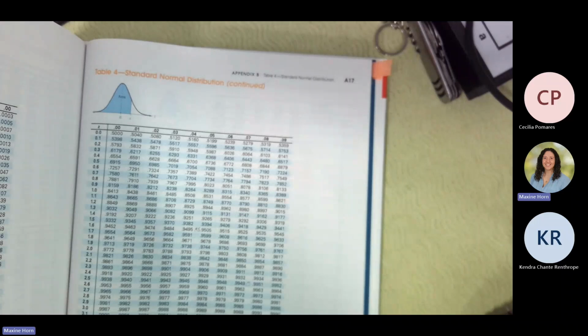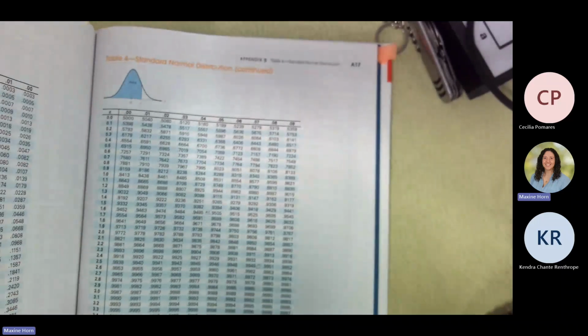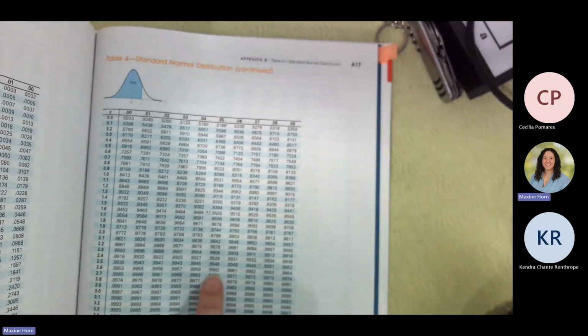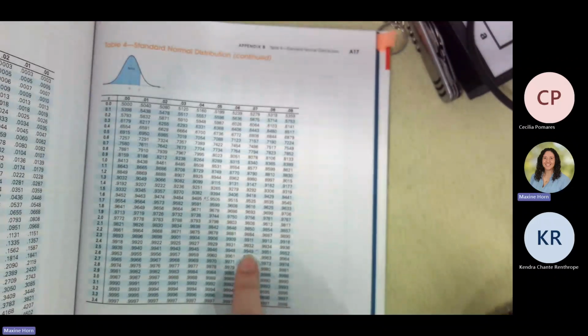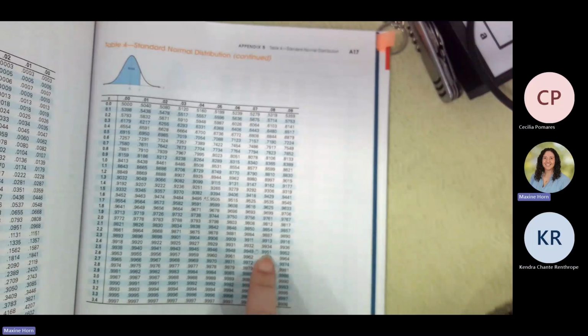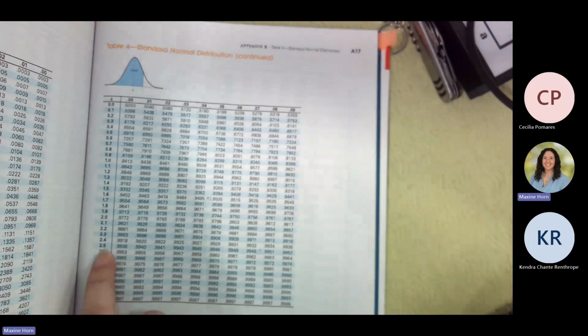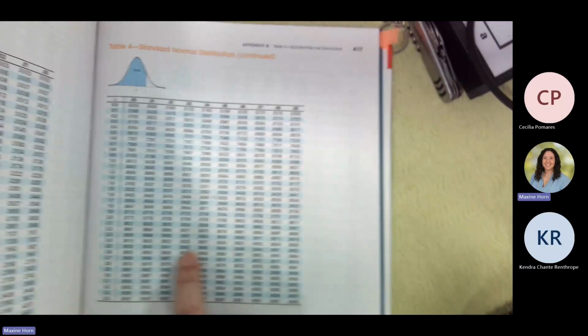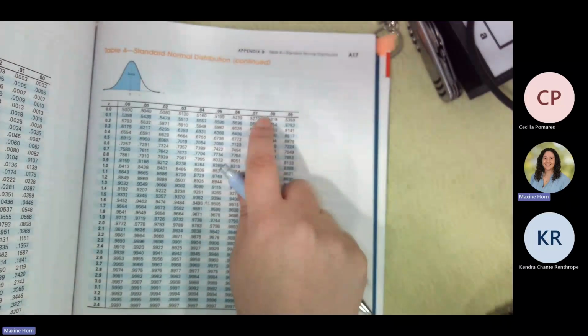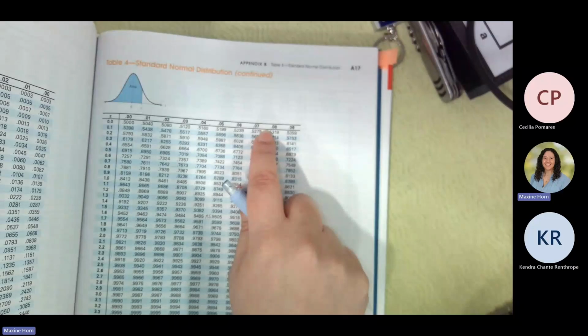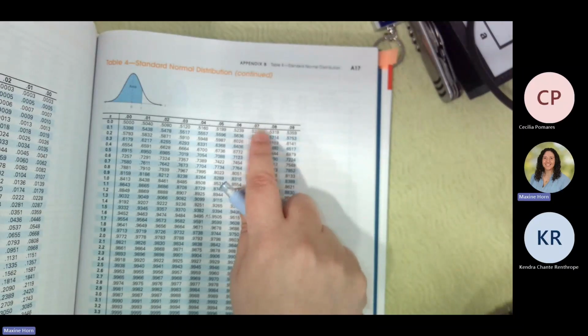So we need to look up an area of 0.995. It's directly in between 0.9949 and 0.9951, halfway in between those. So I go to the left and that's 2.5, and then I go up and it's between 0.07 and 0.08, so that's 0.075.